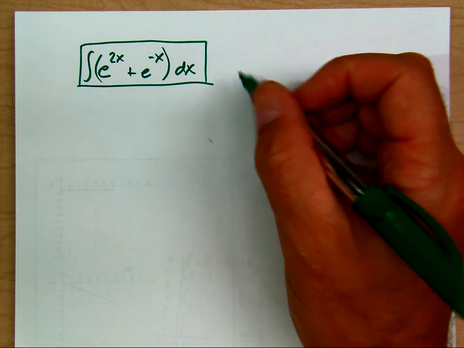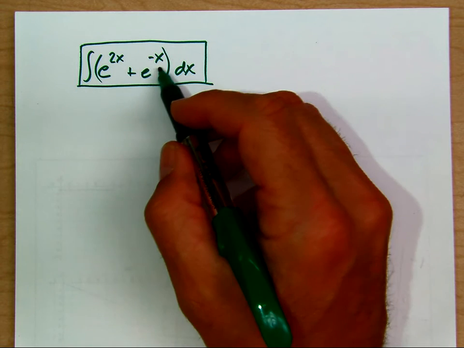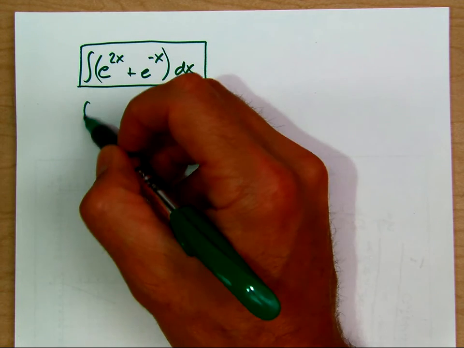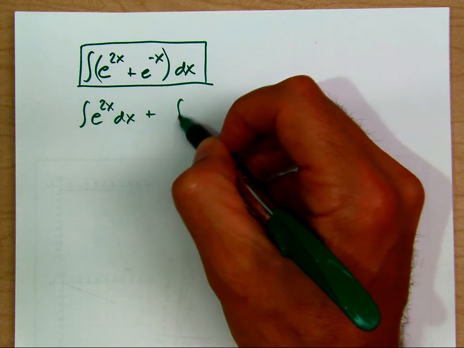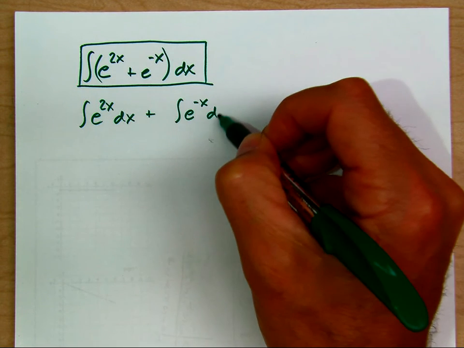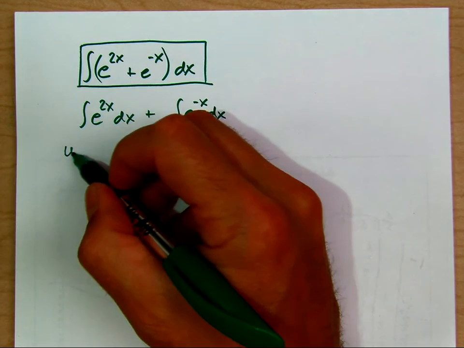And here we have two different inside functions, so why don't we just break it up into two integrals. We can do substitution twice.